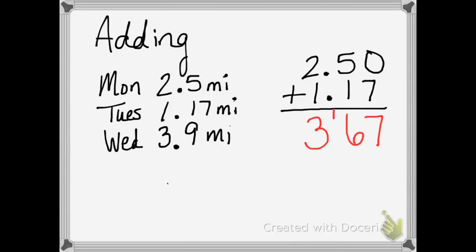And then I'm just going to bring my decimal point down and put it in the same spot. When I'm adding decimals, I'm just keeping all my place values lined up. So I end up with the fact that I ran 3.67 miles on Monday and Tuesday. So I actually ran farther on Wednesday than I did on either of those 2 days.